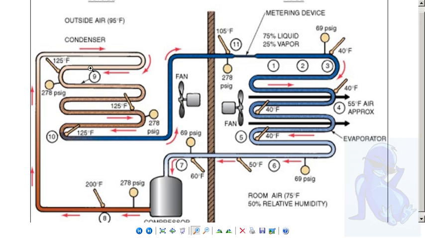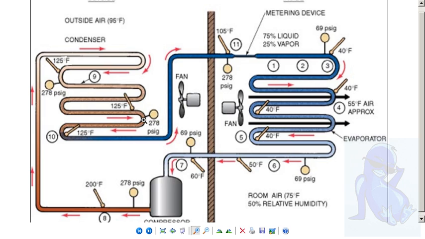A lot of the BTUs, the heat energy, is going to transfer into that air and go outdoors. As it does that, it's going to start to change state because there's a certain pressure, and this system's designed to, here it is, outdoor air is 95. It's going to maximize the efficiency to condense at just the right temperature. And in this one, the magic temperature is going to be 125 degrees.